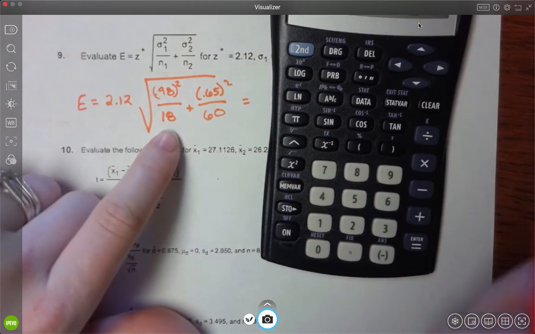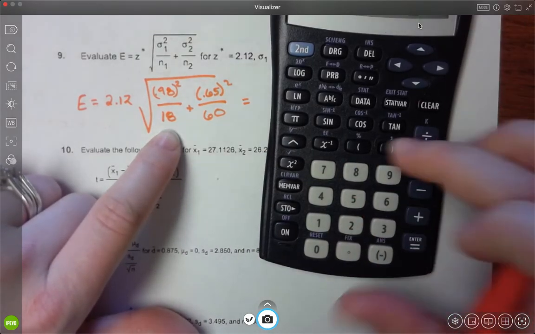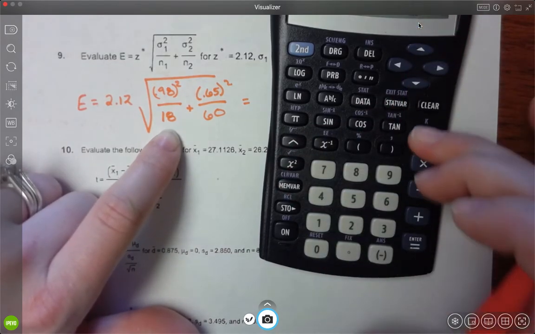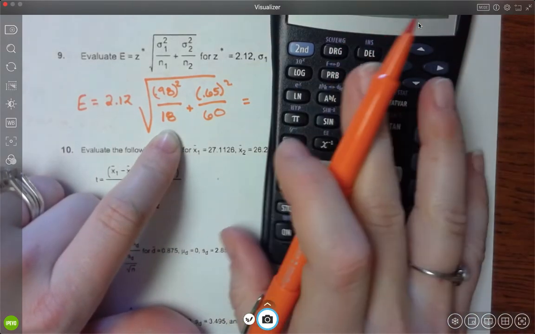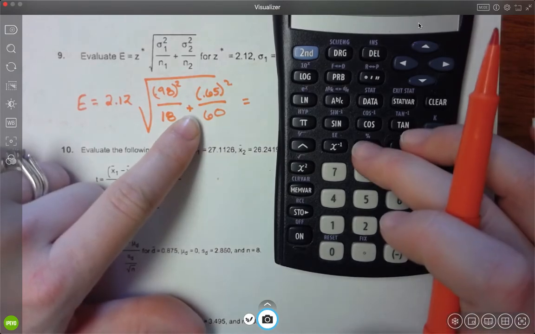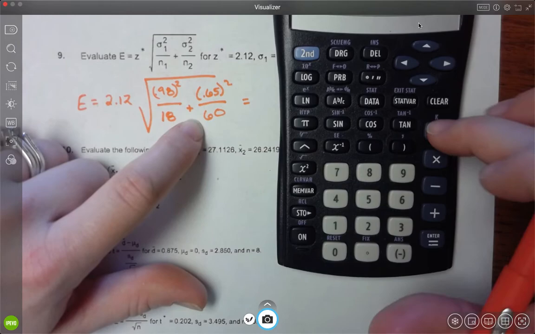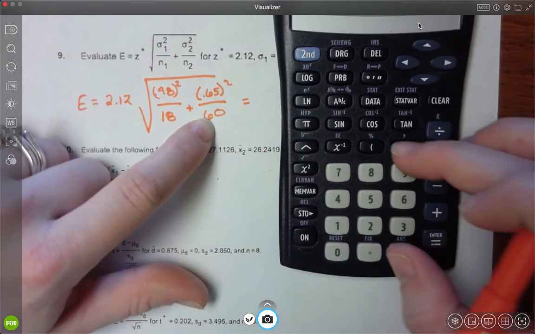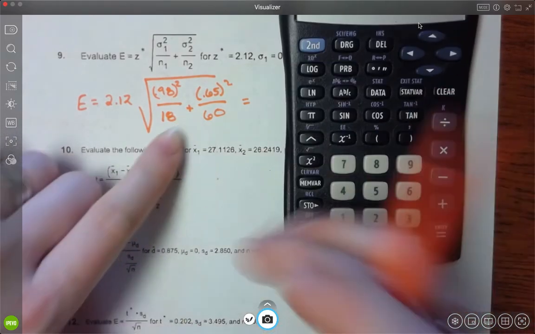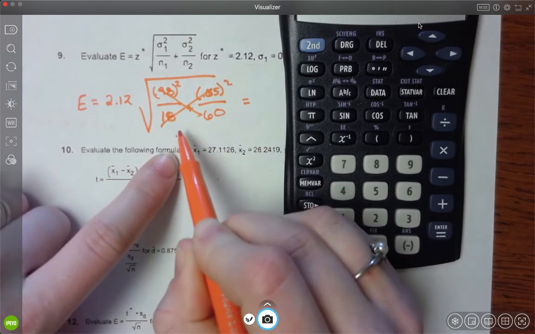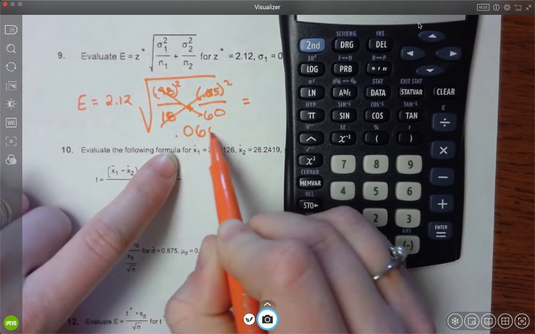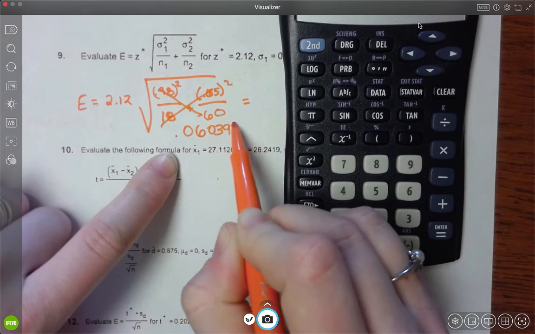I'm going to do the middle part first. So I'm going to do 0.98 squared divided by 18 plus, I'll do 0.65 squared divided by 60. Okay, if I do all of that in one shot, this middle part here is 0.060397.